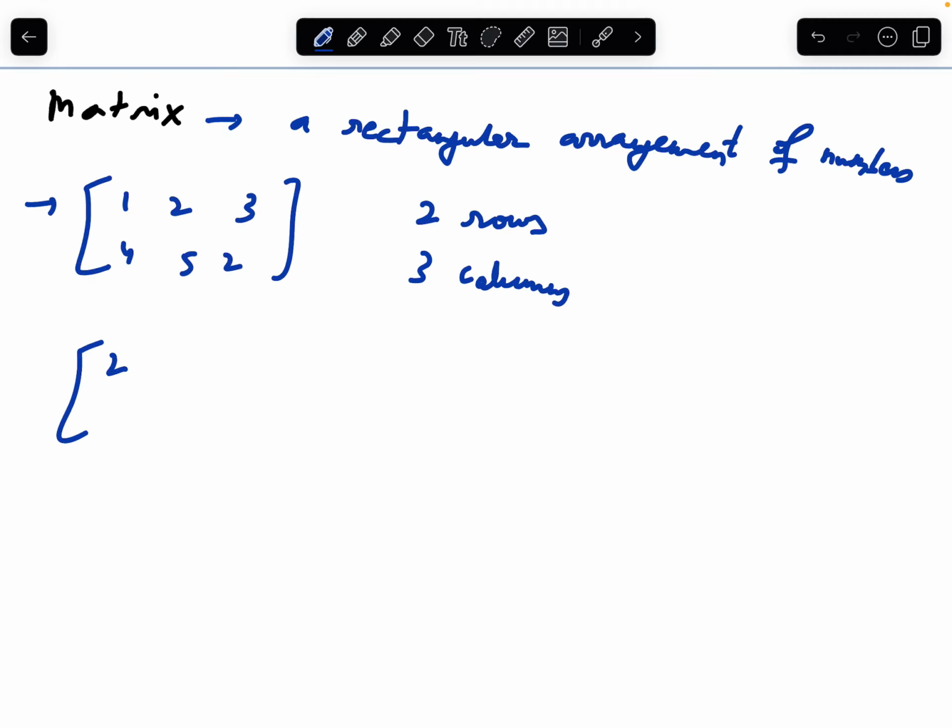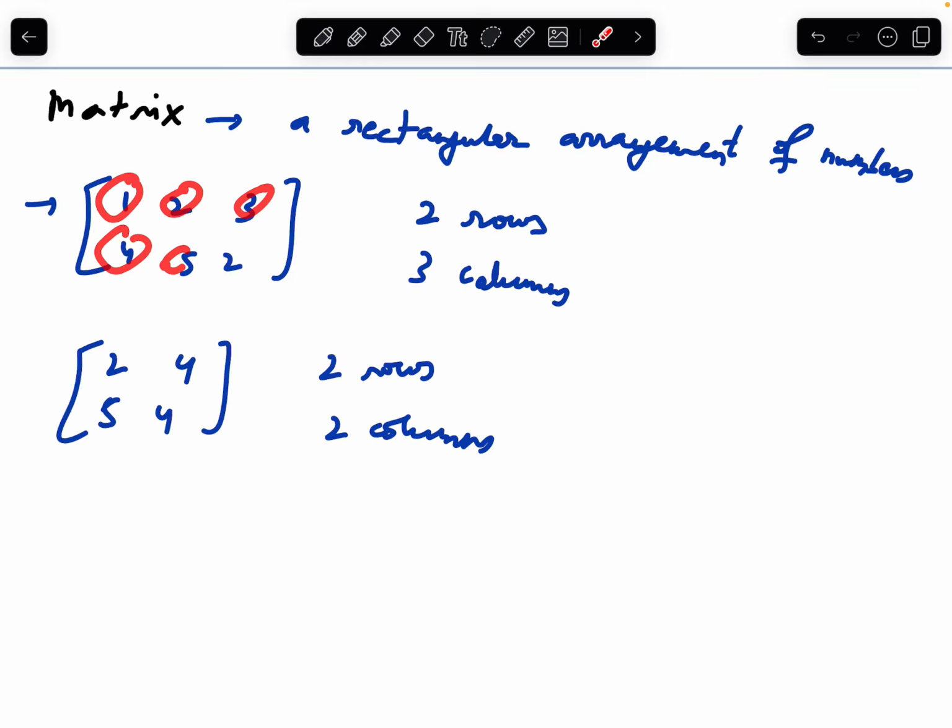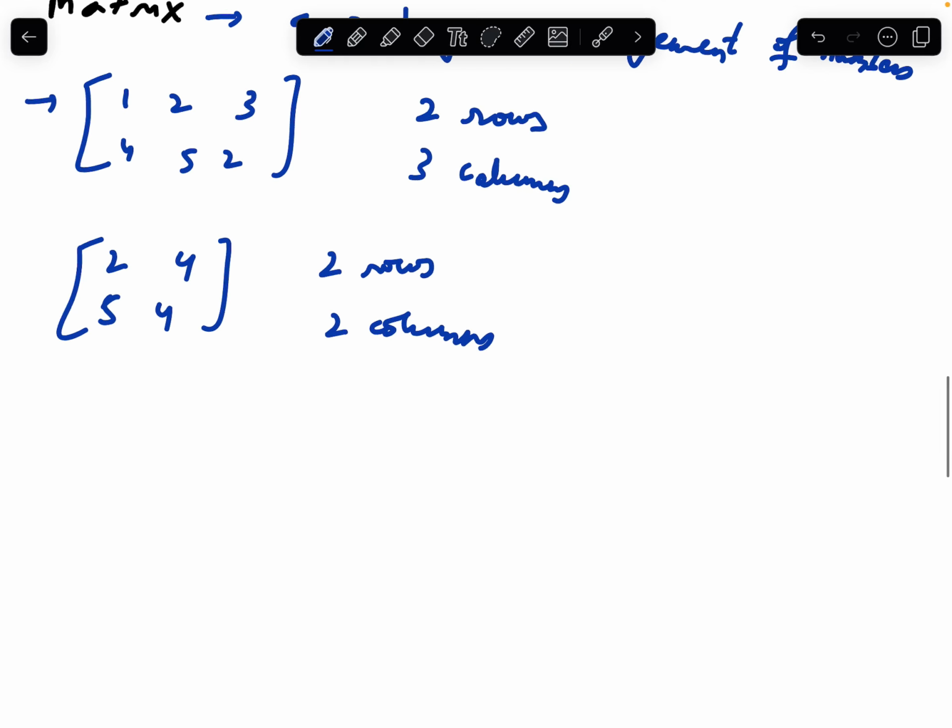Similarly, if you look at this, 2, 4, 5, 4, it has two rows, 1, 2, and two columns, column 1, column 2. So it has two rows, two columns. See, it's basically arranging numbers in a rectangular fashion. Okay, so these are matrices.